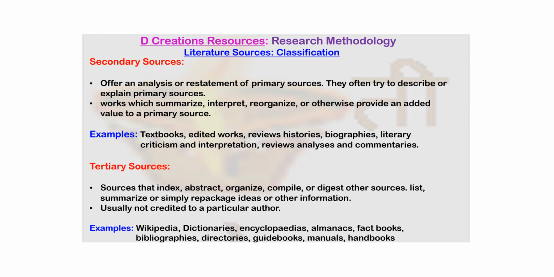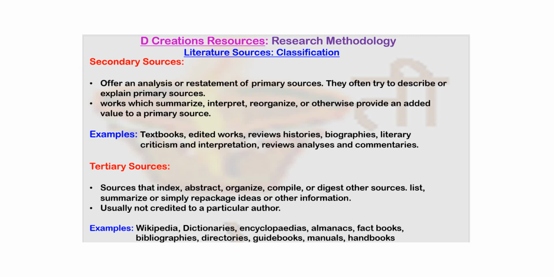Now there are tertiary sources. In the beginning itself, let me say that sometimes there could be an overlap in secondary and tertiary sources. So, when we give examples here, some of them sometimes can be applicable to secondary sources as well.